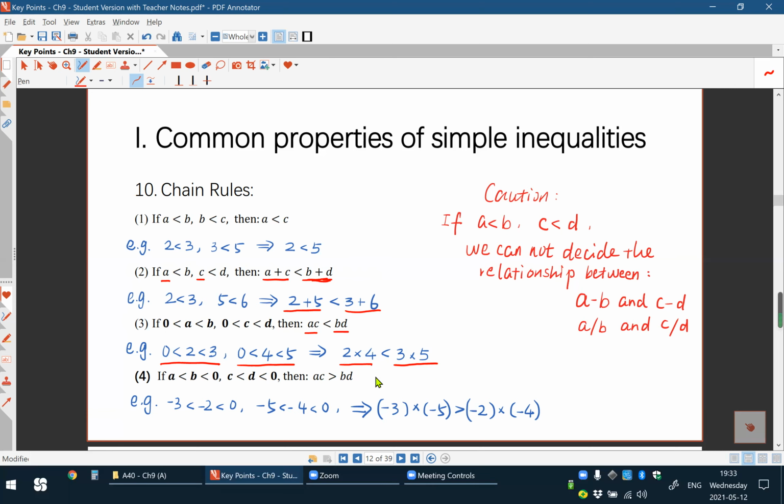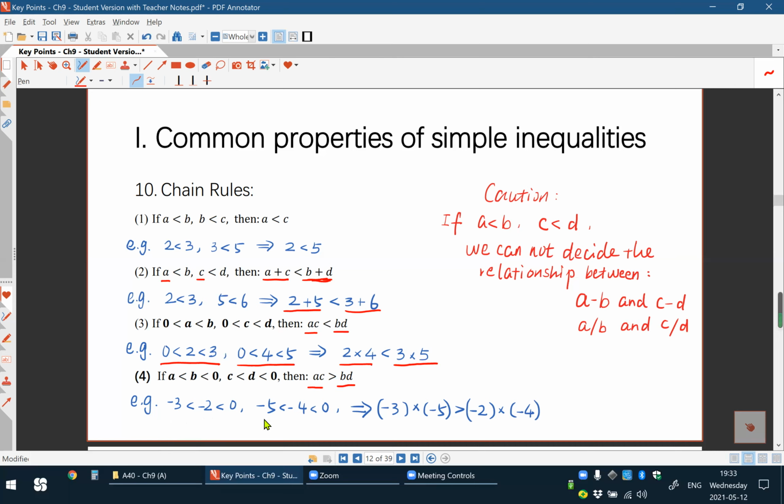Okay, next, if we have two negative numbers, A and B, and we know that A is smaller than B, and two other negative numbers, C and D, and we know that C is smaller than D, then the product of A and C should be greater than the product of B and D. For example, we know that -3 is smaller than -2, and both are negative numbers.